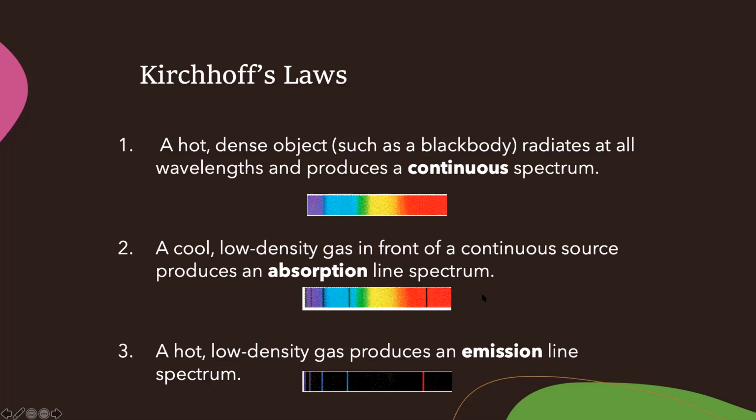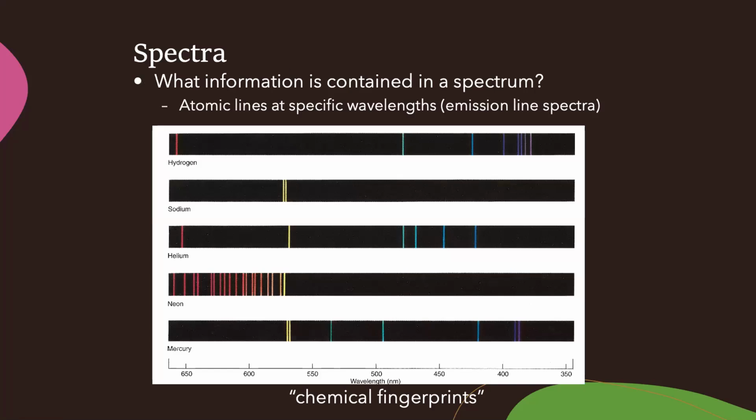Right, so astronomers talk a lot about spectra, which is just, we're looking at the light coming from an object. And so here's what makes these spectra so important, these emission line spectra.